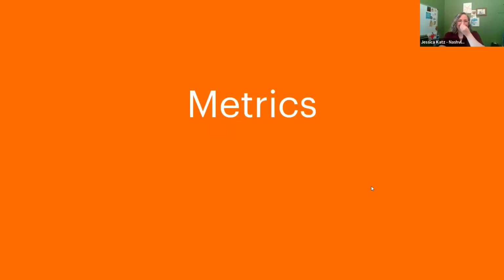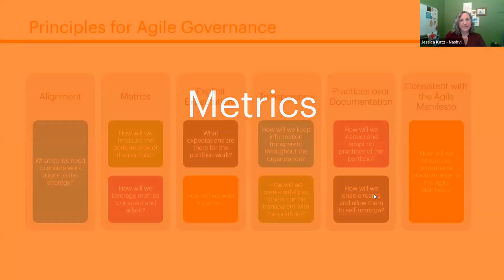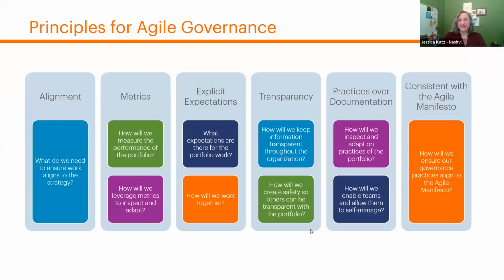All right. So metrics. And you may be surprised by the first slide that comes up here. Because metrics is a piece of agile governance. When we think about governance, and we think also about self-management, the idea around governance is to provide people with the information they need so they can make decisions that stay in alignment with the vision and direction for the company.